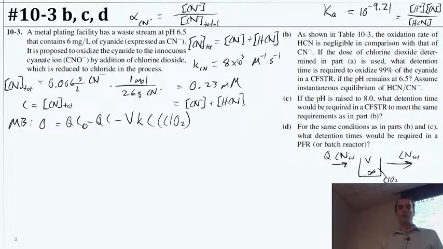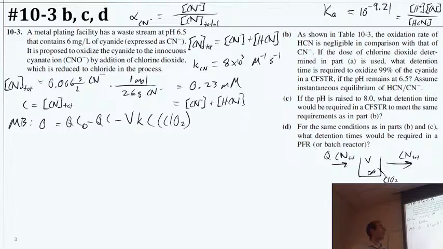We need the residence time, right? That's what we're asked for. So we can rearrange this for tau, but we have to recognize something. The reaction that's occurring is only reacting on part of the C. It's only reacting on the Cn minus. So that's where our equilibrium equation stuff will come in and apply to this particular C right here, because what I've written is not actually correct, right?